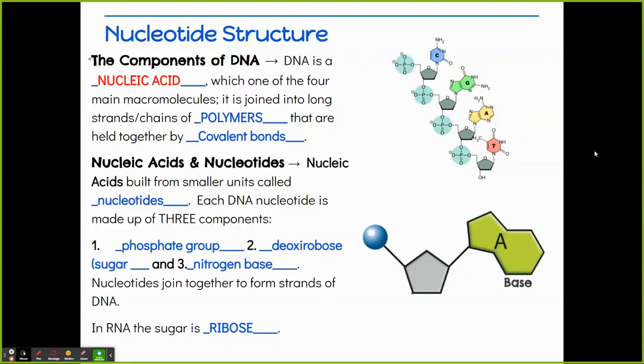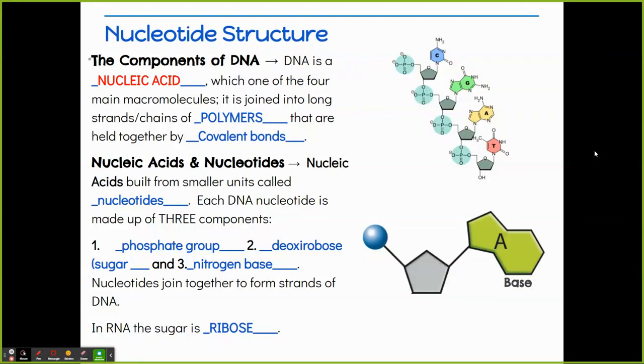Labeled as number 2 in your notes, we have the deoxyribose sugar. Deoxyribose is literally just the name of the sugar, kind of like you have a name, I have a name, that sugar has a name, and that sugar is deoxyribose. And then number 3 in your diagram is the nitrogen base.